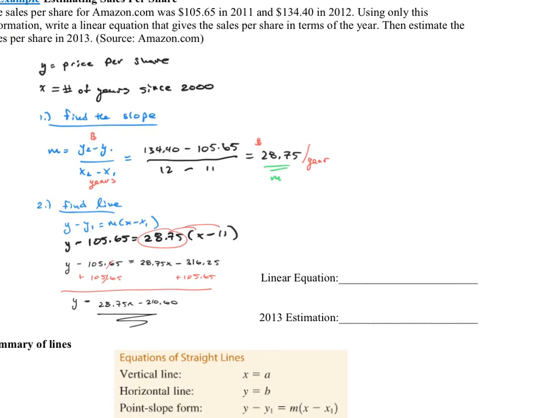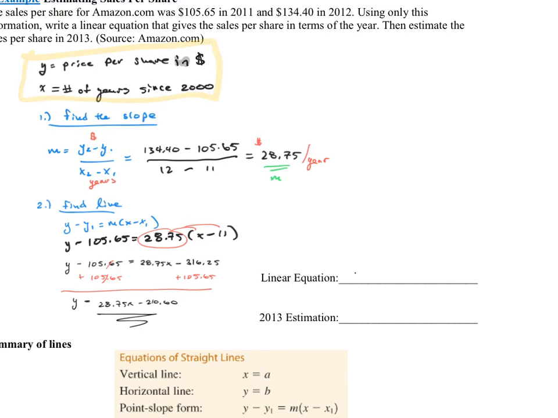Again, it's very, very important for the reader that we've identified and provided a key to say what each one of those variables stand for. So here, y was the price per share in dollars, I guess I should write there. Sorry, let me write in dollars. And then x was the number of years since 2000.